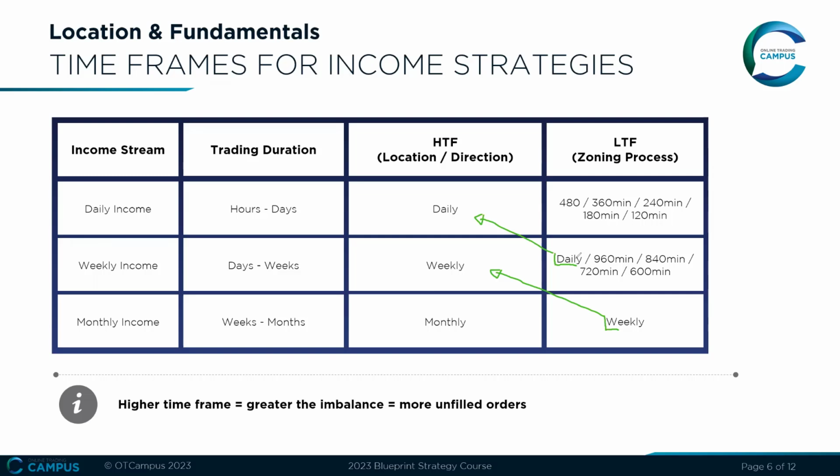In the beginning, I want you to strictly categorize income streams and look at them almost independently from one another. But the more advanced you become, the more they actually work together, all these different time frames. And the more I want you to look at this as a whole and say, well, this is my arsenal of time frames.